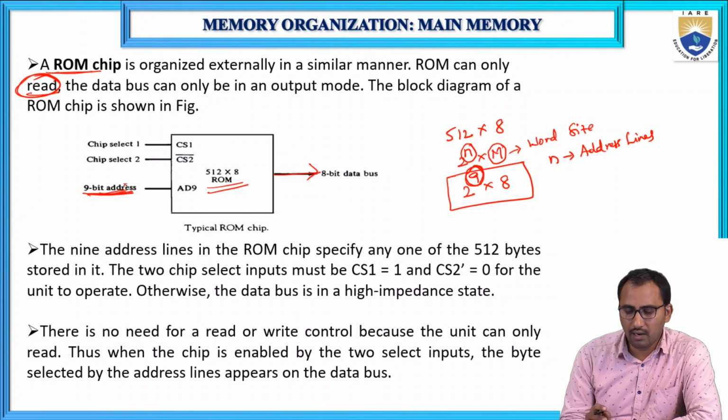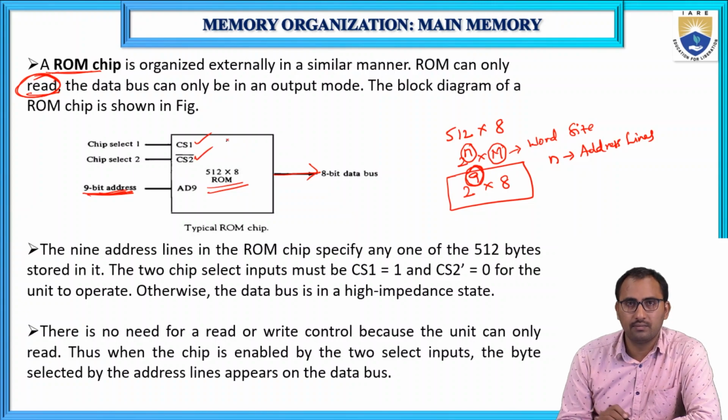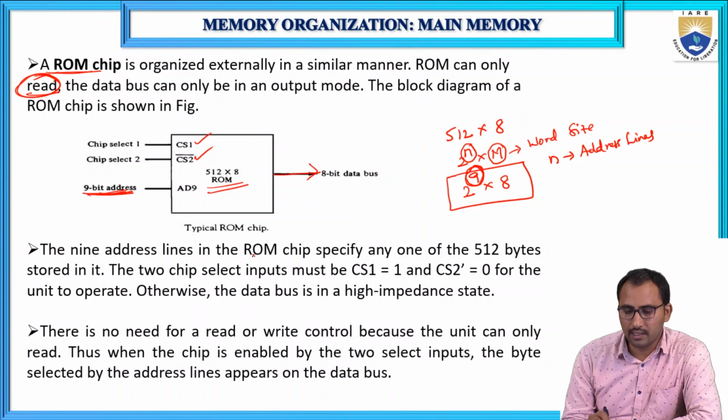Next, here also we have 2 chip selection lines, CS1 and CS2 bar. So the 9 address lines in the ROM chip specify any one of the 512 bytes stored in it.